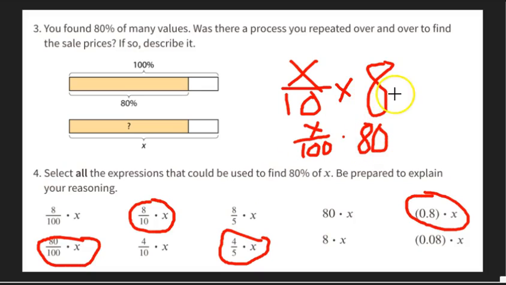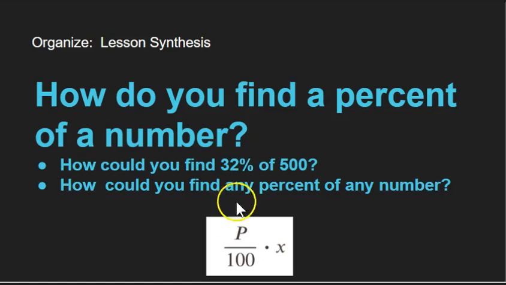And using the commutative property, this is one way to look at it, but we could also use any of these and do the same thing, because remember that this 8 and this 80, both of those are over 1. And when you're talking about multiplication, you can move things back and forth to help you solve more efficiently. So when you're talking about any percentage, like this one says 32% of 500, that 32%, remember, is the same thing as saying 32 100ths and then times the 500.